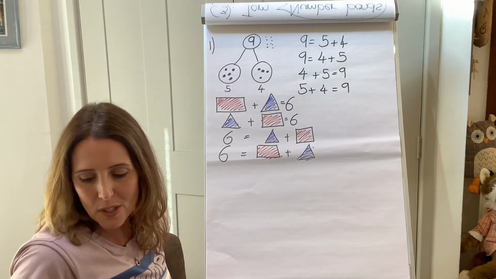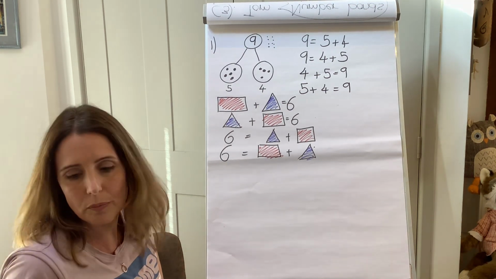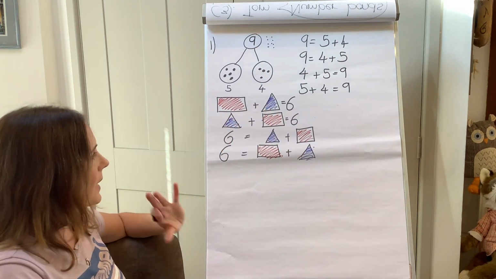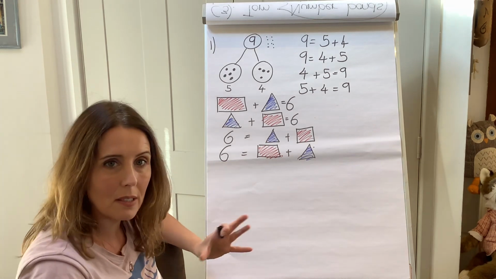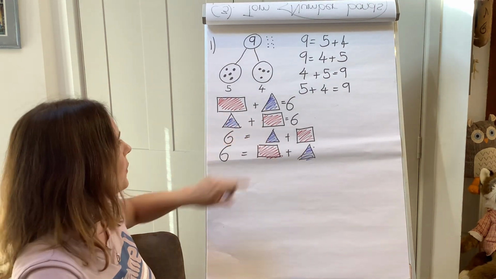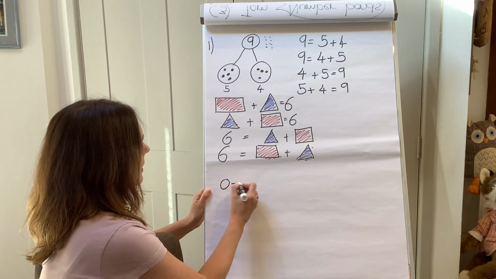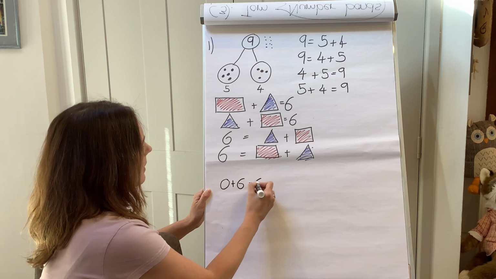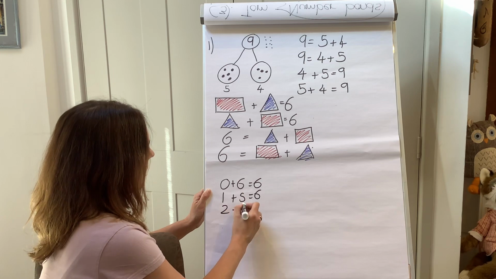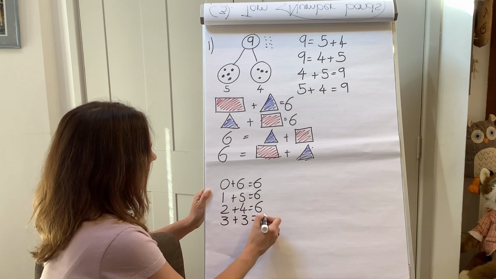Okay, so the next question, you had a rectangle and a triangle, and you're asked what could the rectangle and the triangle be worth. So again, it's looking at number bonds, numbers that combine together to make 6. So what could they be worth? So one way of doing this is to write down your number bonds to 6. So 0 and 6 make 6, 1 add 5, 2 add 4, 3 add 3.